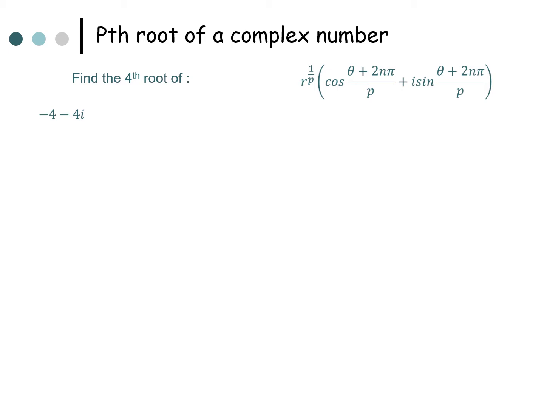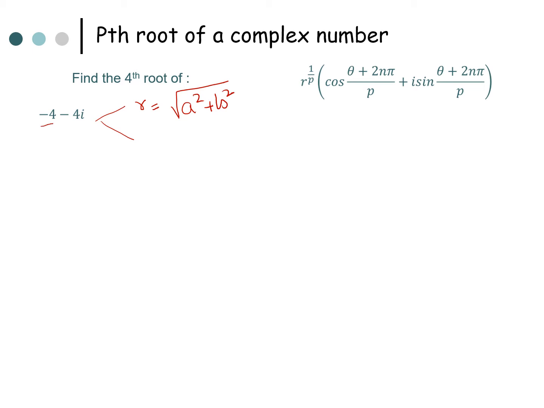Whenever any question is written, the first thing is to find the radius or the modulus, and also find the argument or theta. It means convert the rectangular form into polar form. The formula for the modulus is the square root of a square plus b square.